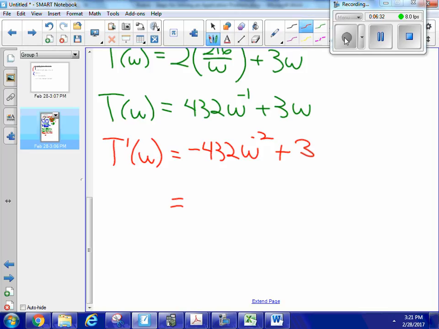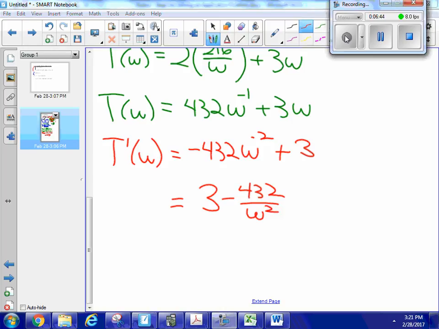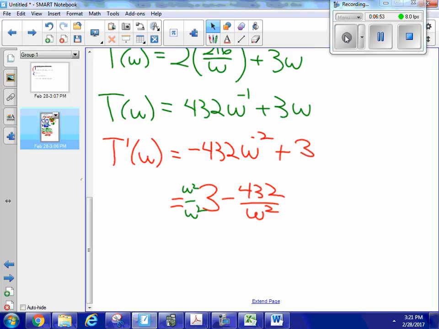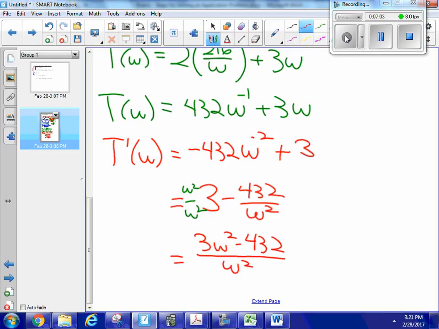That is equal to 3 minus 432 over W squared. Let's get a common denominator by multiplying the 3 by W squared over W squared. And I wind up with 3W squared minus 432, divided by W squared. That is the equation of my derivative.